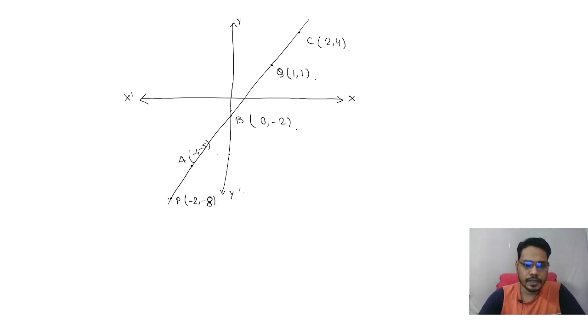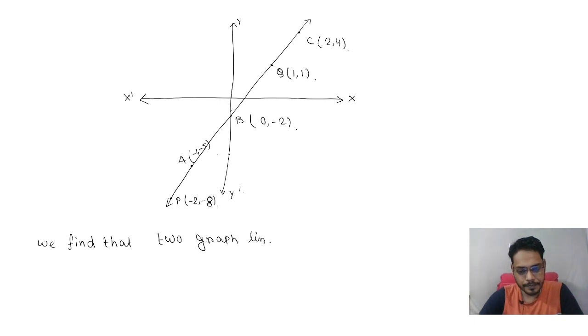Now we can say that both the lines actually overlap. That means it has infinitely many solutions. So we find that the two graph lines coincide.